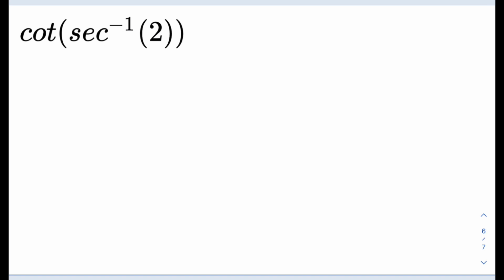This one's got cotangent on the outside and secant inverse of 2 on the inside. So I'm going to start from the inside. I'm asking myself what angle has a secant of 2. The secant and cosecant are not something I have memorized or am as familiar with, so I'm going to switch it to cosine.